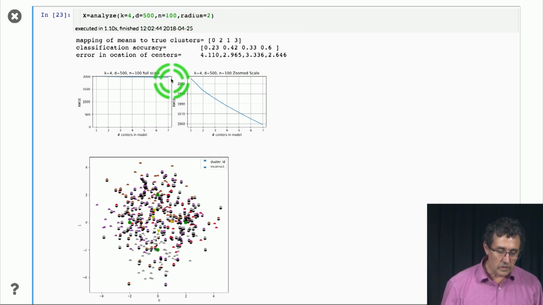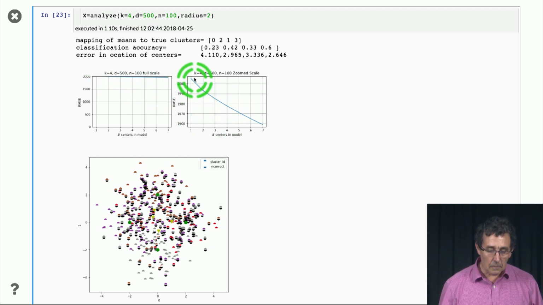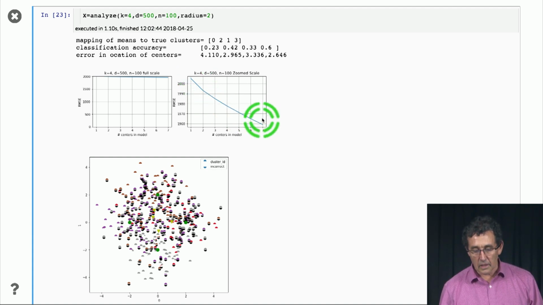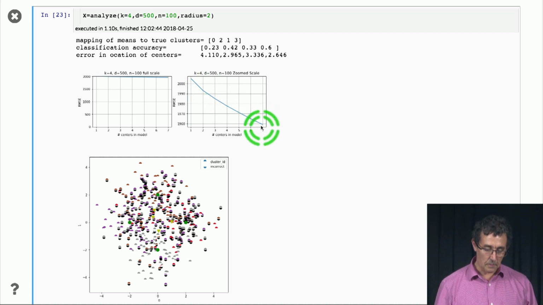So what do we see here? In terms of the reduction in the RMSE, it's almost unseeable. It's very, very tiny. And if you look at it zoomed up, it's completely without an elbow, just a continuous linear reduction.